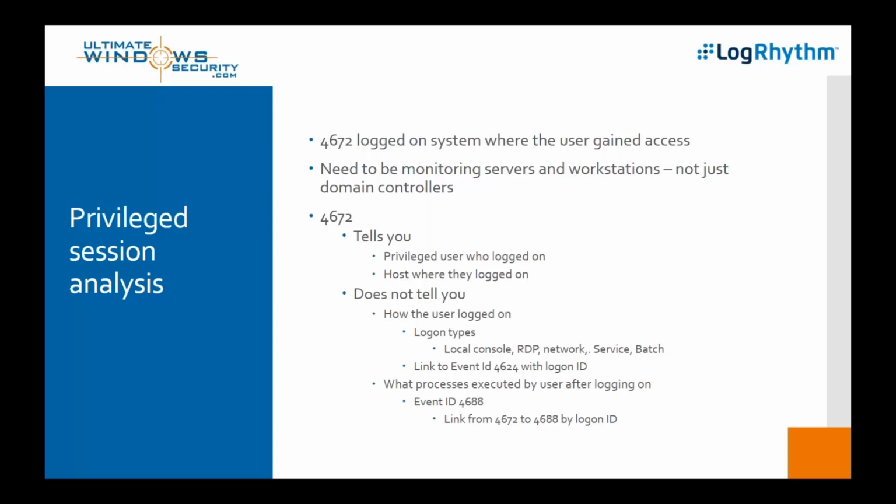It is logon ID again. So I'm going to show you an example of 4688, and then if we take the logon ID of a 4624 and say, show me all my 4688s with that same logon ID, then we're going to know what programs were executed.